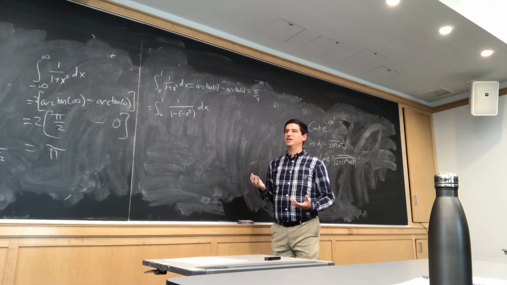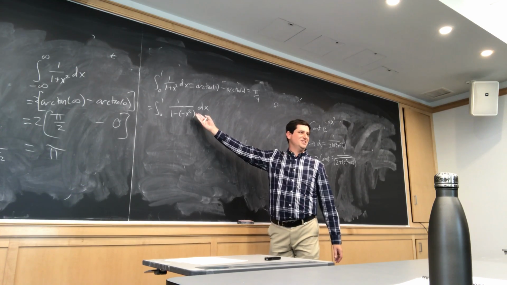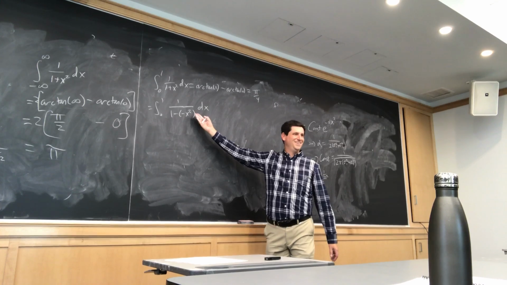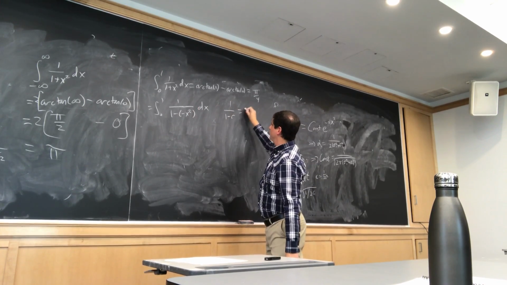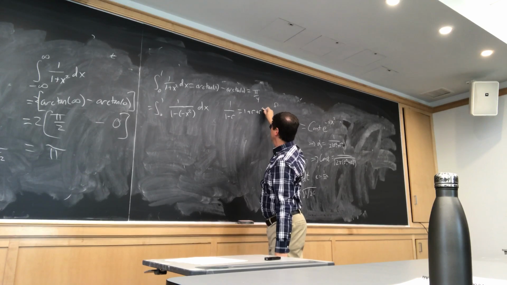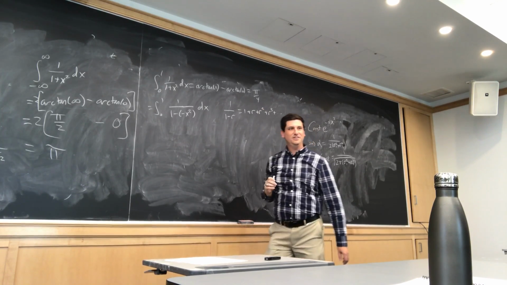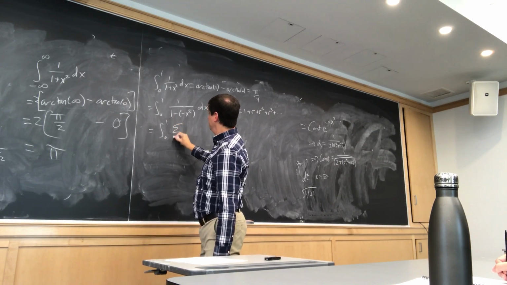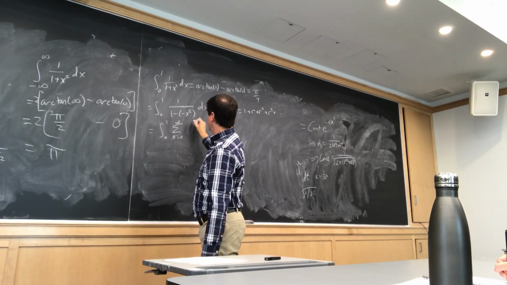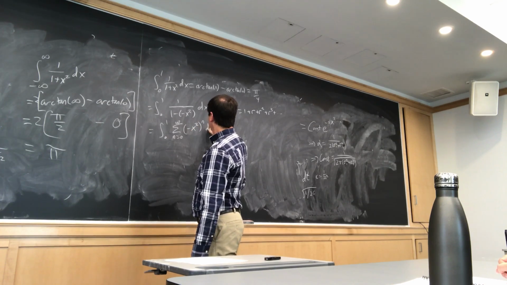Sometimes we don't use the letter x, we use a different letter. If I use the letter r here, 1 over 1 minus r, what would that remind you of? 1 over 1 minus r is 1 plus r squared plus r cubed plus and so on. Right? So this is the same as the integral from 0 to 1, the sum from 0 to infinity of negative x squared to the n dx.